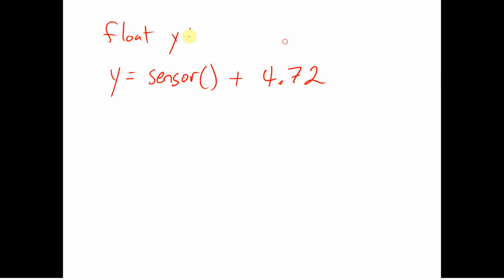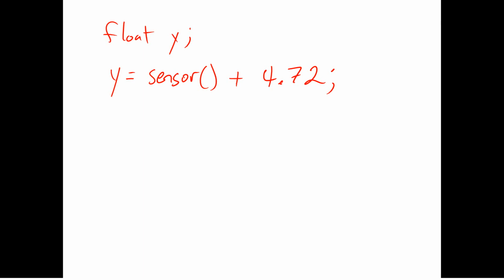y equals sensor, and this is a function, so it's reading the value of a sensor, and I need to apply an offset, 4.72, and that's a floating point. So I have some line like that, and 4.72 is some mystical value, some offset that depends on the physical system.